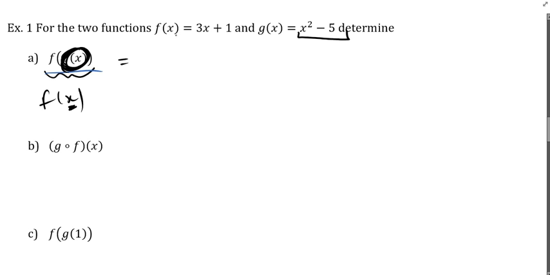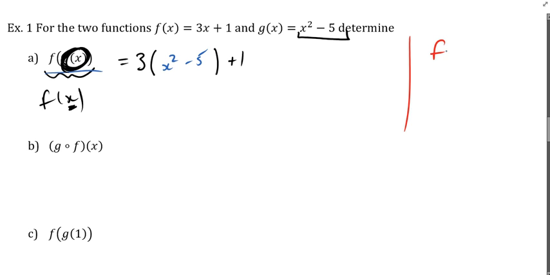So I'm going to start writing out f at x, which is 3 times x, but instead of x, I'm putting in x squared minus 5. And then the rest of f at x is plus 1. So I've put one function, subbed it in for x in the other function. And that right there is a composition of functions.